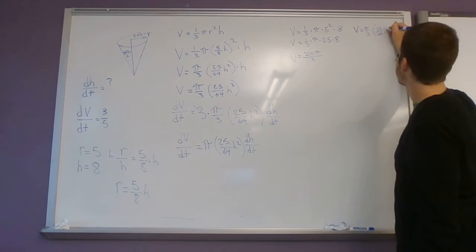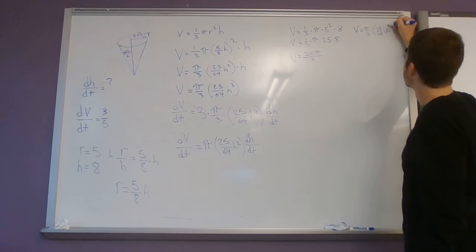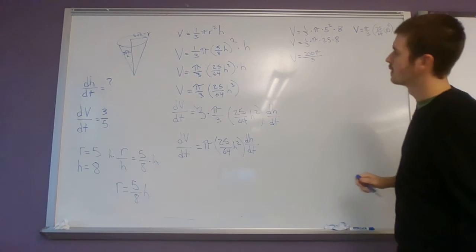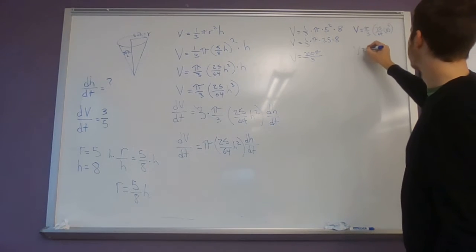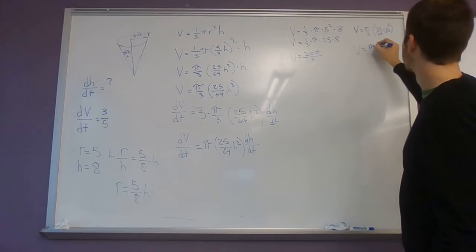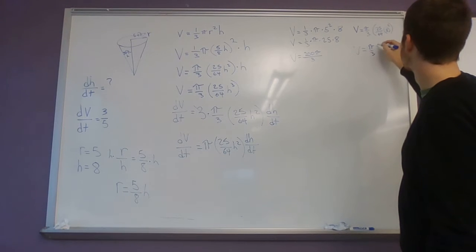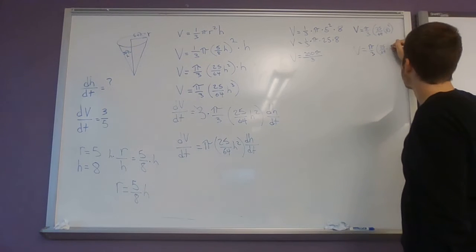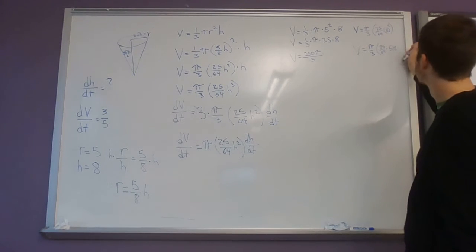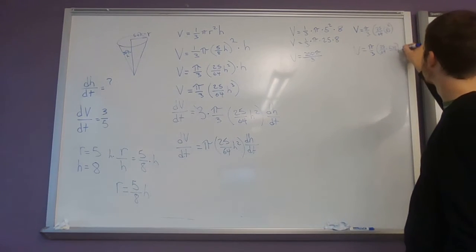Our height is 8, and we get h cubed is 512.